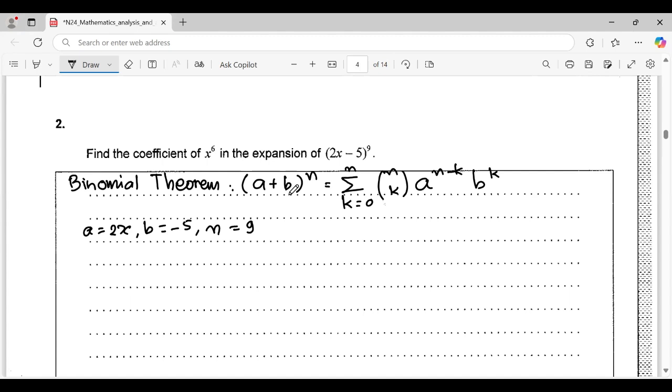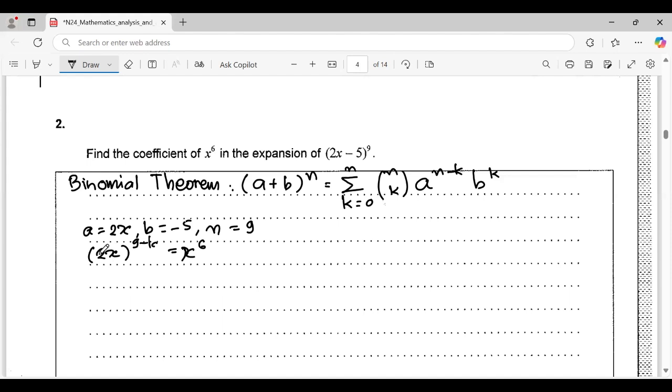So we look for the term where (2x) power 9 minus k equals x power 6.